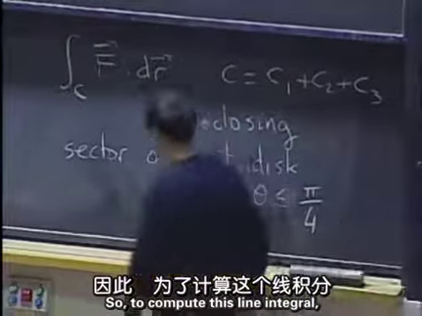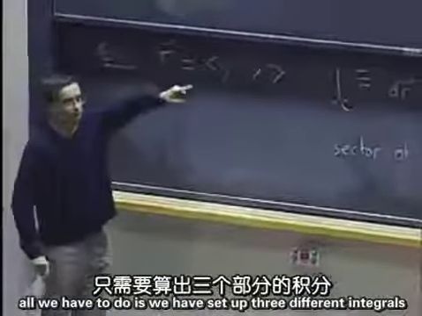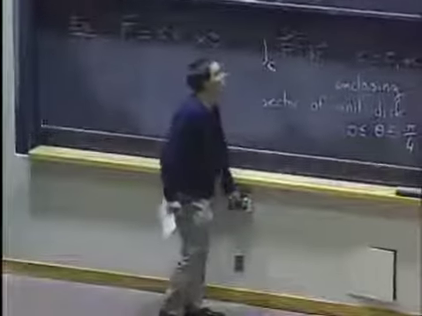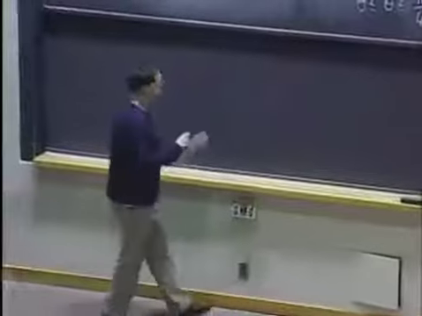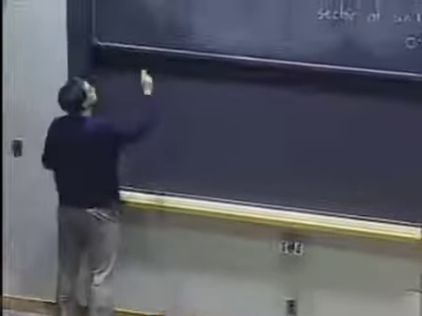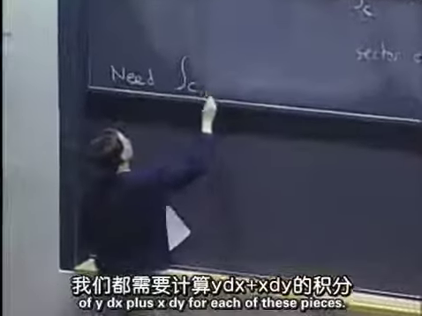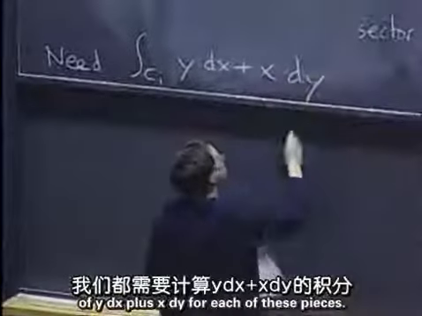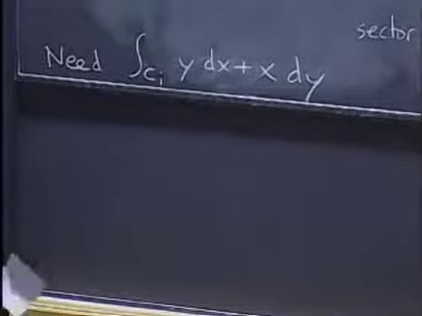So to compute this line integral, what we have to do is set up 3 different integrals and add them together. Okay, so we need to set up the integral of y dx plus x dy for each of these pieces.